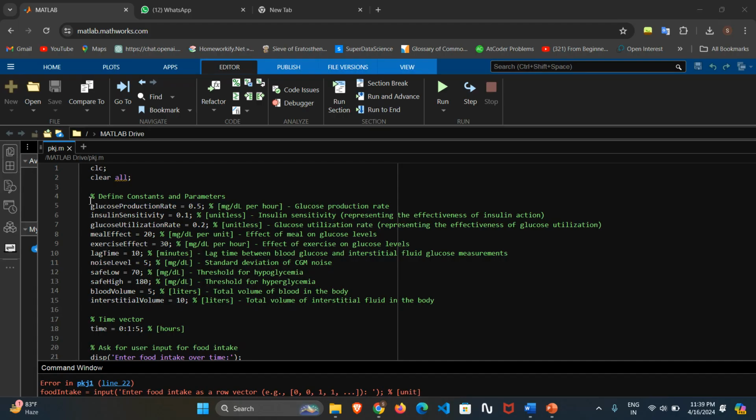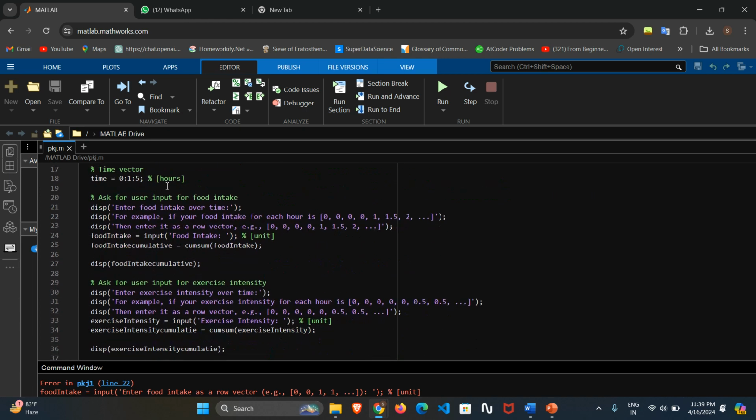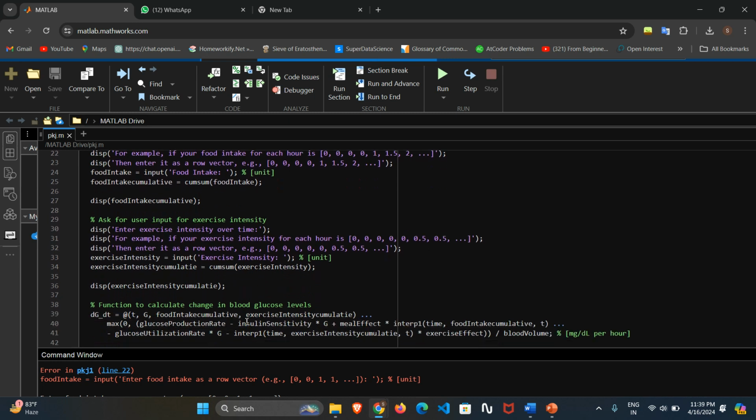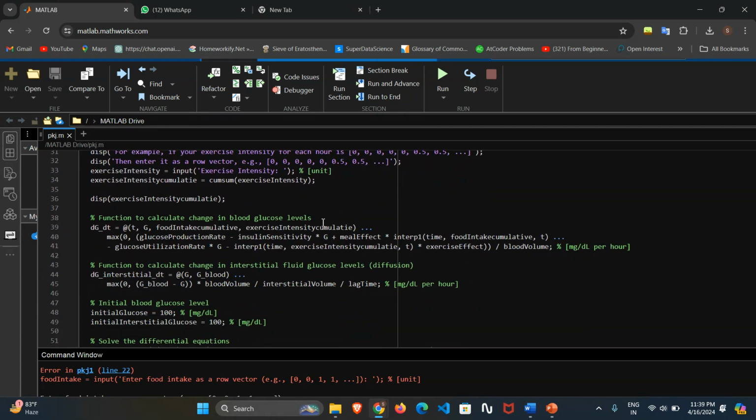So coming to our MATLAB code, here are some defined constants and parameters which we have taken. Glucose production rate is 0.5 and insulin sensitivity is 0.1 and so on. These parameters are taken for a 70 kilogram human body, and the time frame we have taken here is 6 hours. We first take the input of food intake and then the input of exercise intensity. Then we have defined a function which calculates the change in blood glucose levels cumulatively.